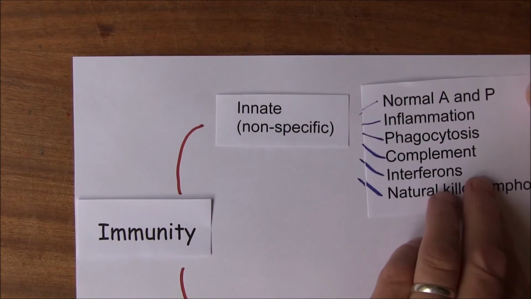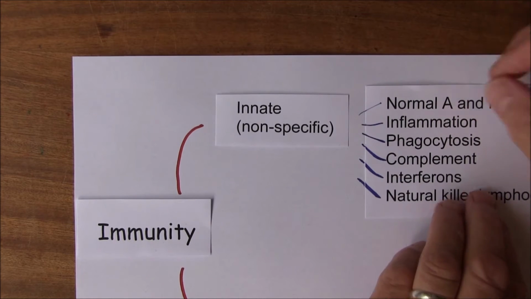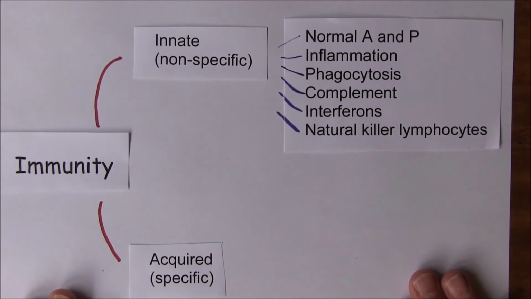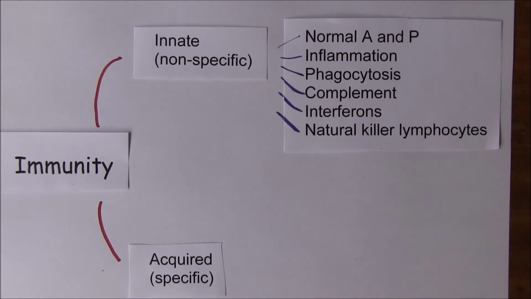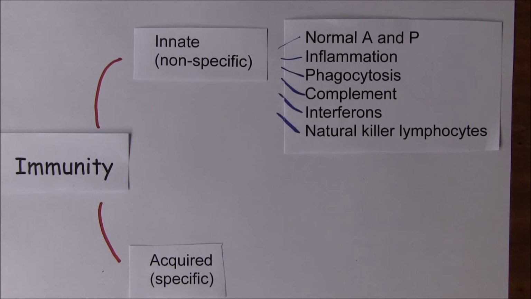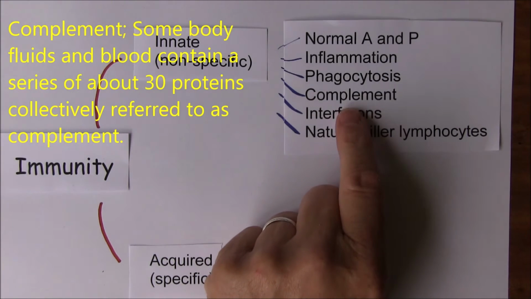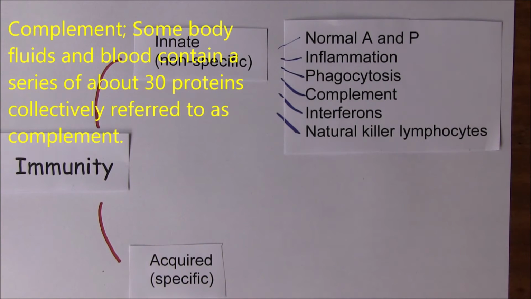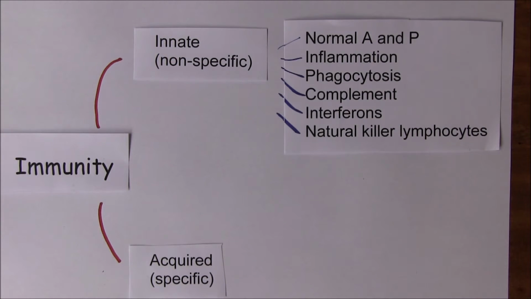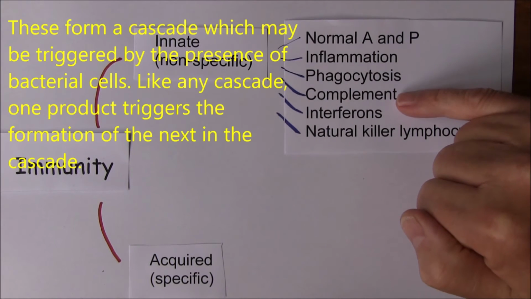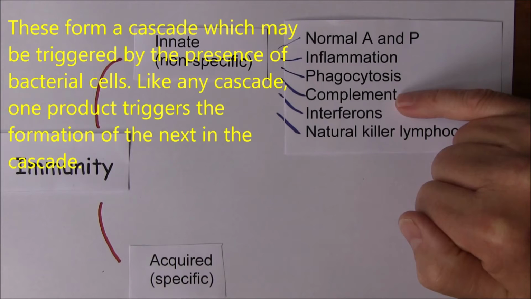Now another mechanism here is complement. Now complement is a group of about 30 different proteins found in the blood in inactive form. And these complement proteins actually form a cascade. It's a bit like the blood clotting cascade.